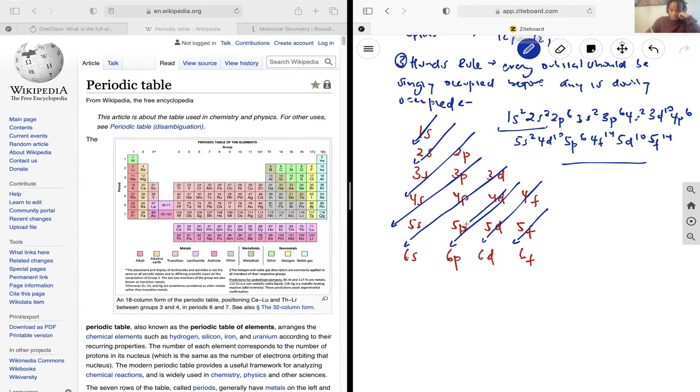We will have 5p6 indeed, and then 6s2, followed by 4f14, 5d10, 6p6.